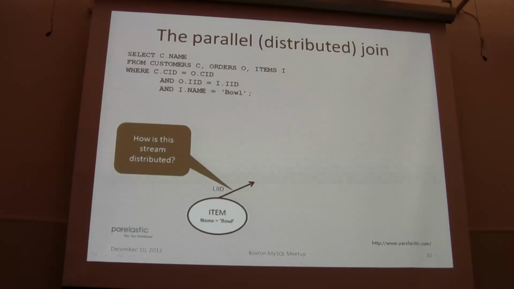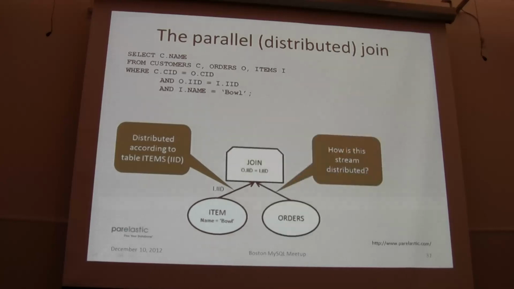Anybody? Uniformly over the, using which key? Item ID. So this one's distributed on item ID. Okay. This one's distributed on, well, customer ID, exactly. It would have been just as bad if it was order ID. It's not the same. That's the important part.